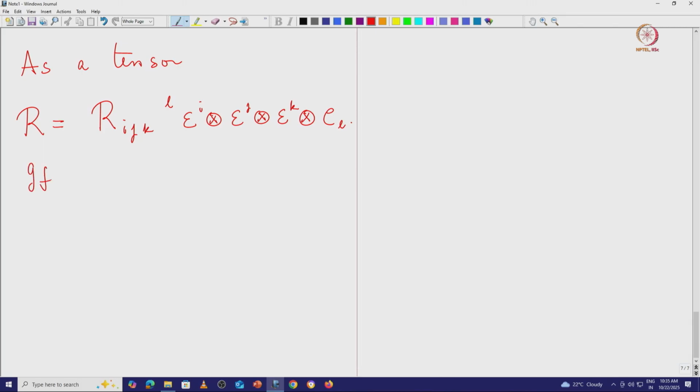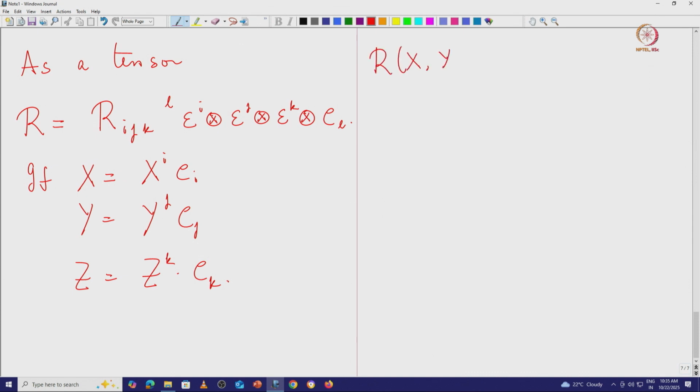Okay, so then if X is written locally as X^i Ei, Y is written locally as Y^j Ej, Z is written locally as Z^k Ek, then R of X Y acting on Z is simply given by R_ijk^l X^i Y^j Z^k times E_l.